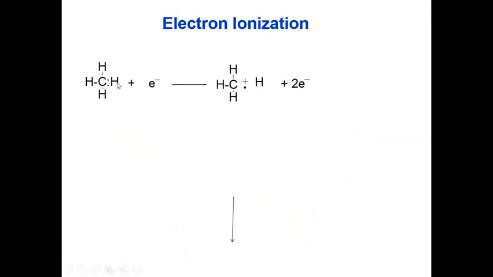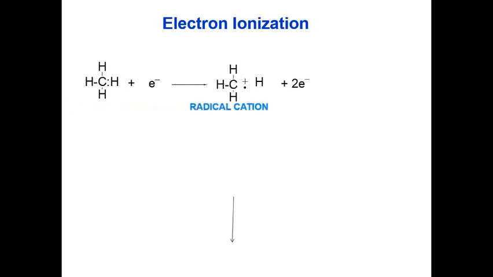Here is a simple example of methane. When methane is ionized with the electron, then we have the molecular ion peak. As I told, a core electron from the methane is removed, then we have a molecular ion for methane.